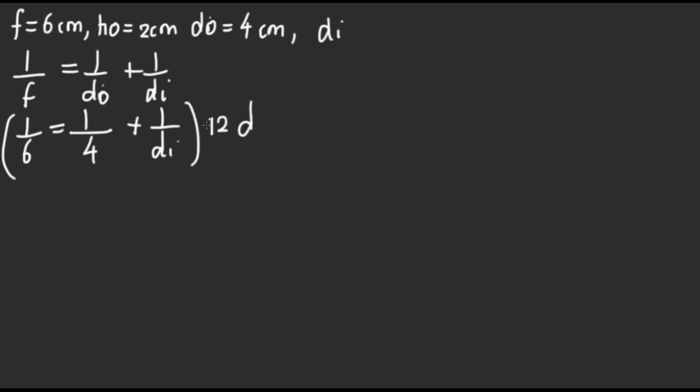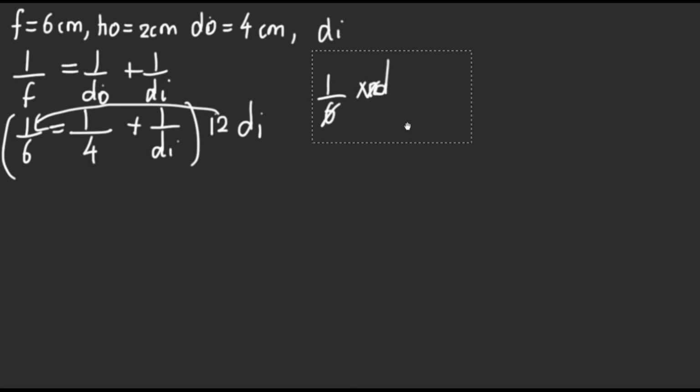So I'm going to distribute 12 di times 1 over 6. This is the same as 1 over 6 times 12 di, which simply means 1 over 6 times 12 is just 2.